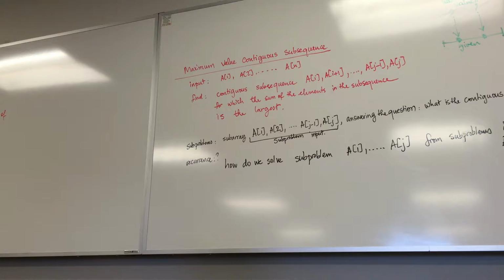Oh, yeah, that's a 1. So what is the question in the subproblem? Oh, I didn't finish writing out the question. It's what is the contiguous subsequence starting from some midpoint in the array to AJ that has the largest sum? Yeah, with the largest sum.